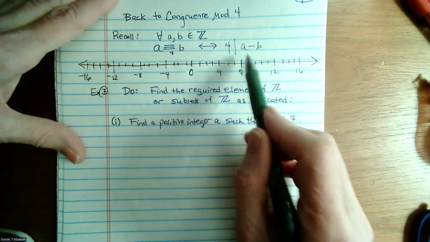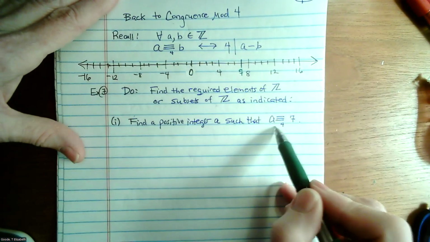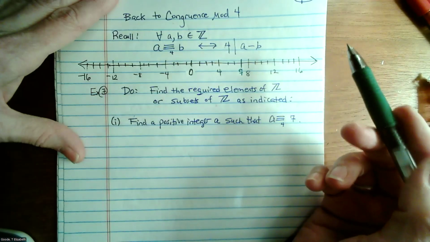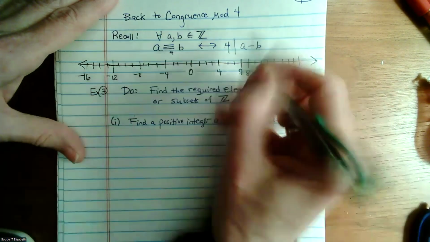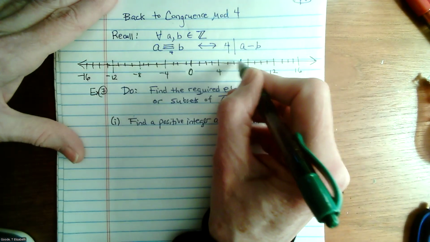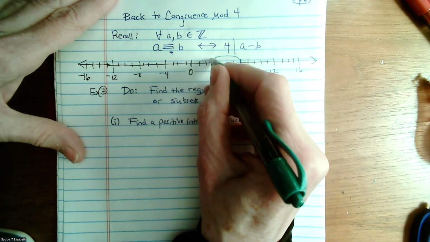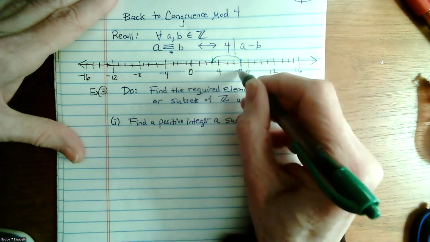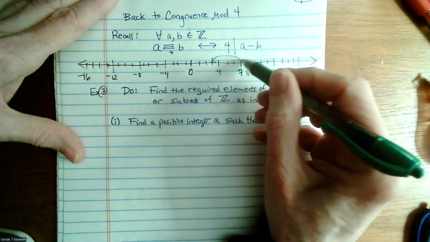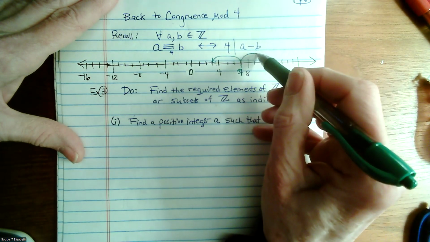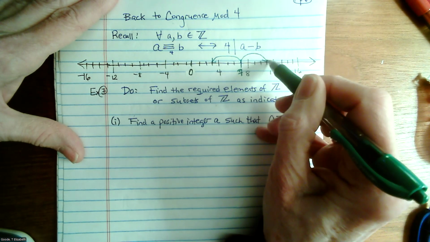The distance between A and 7 is a multiple of 4. In other words, we get to it by jumps of size 4. So like 7, 6, 5, 4, 3. That's a jump of size 4 from 7. Or if we jump this way, 1, 2, 3, 4, we get to 11.